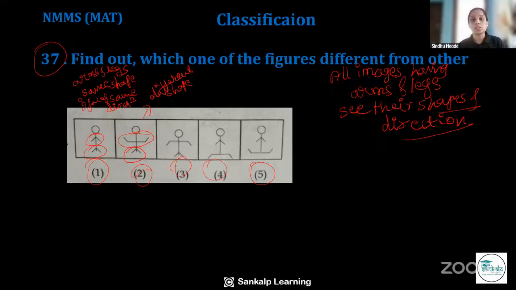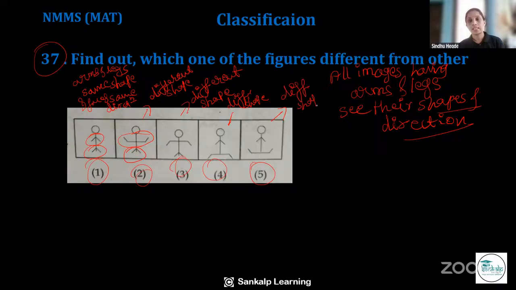Then image 3: arms and legs are in different shapes, but they face the same direction. Then in 4 also arms and legs are in different shapes and face the same direction. Then image 5: arms and legs are in different shapes and face different directions.